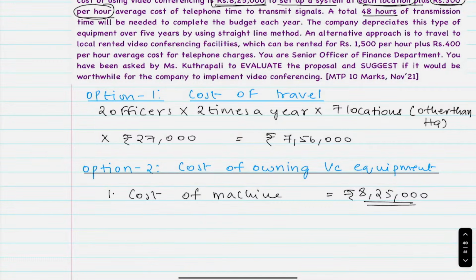7 locations or 8 locations? 8. Travel case 7. Because see, center one place is there. From different parts of the world, people will be coming to headquarters. Let us say head office is in Dubai. From USA they will come to Dubai.